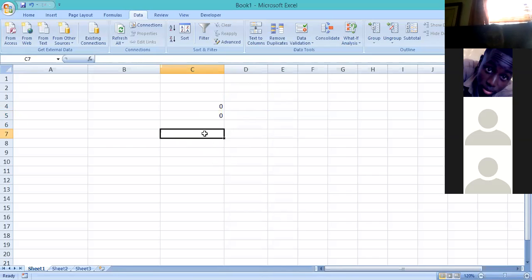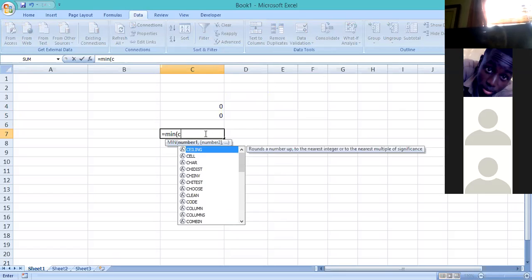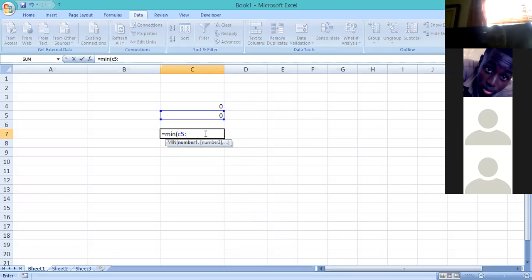So Macy wanna learn. All right, so min is used to find the lowest value of anything. It stands for minimum. So it would be equal min, open bracket, and then you have the cell address, whatever it is. I'm just making up things right now because this is revision. Whatever it is, and it would give you the price for the lowest item.